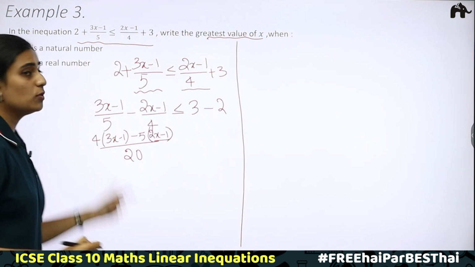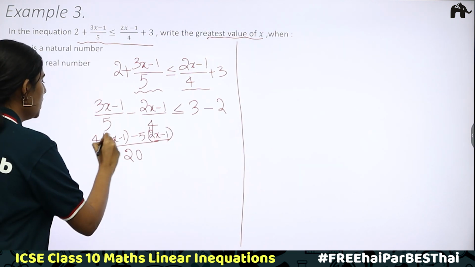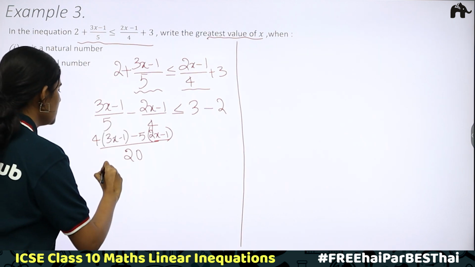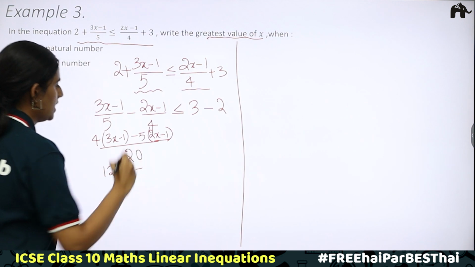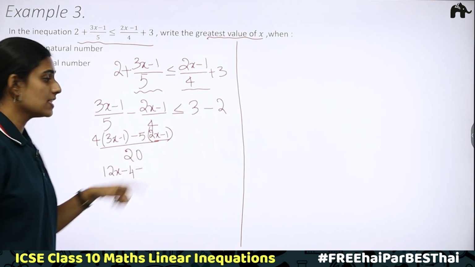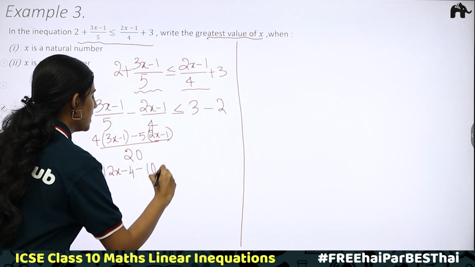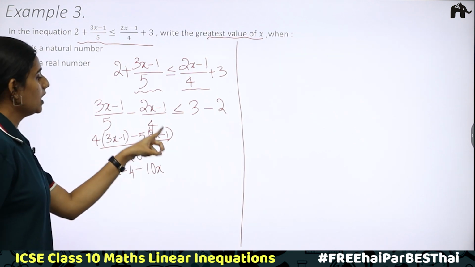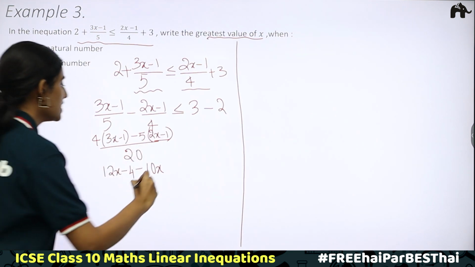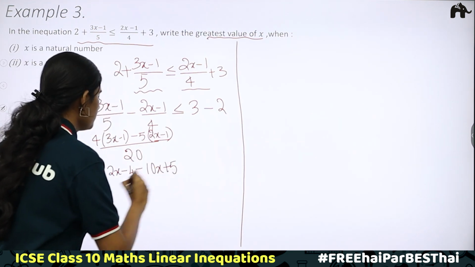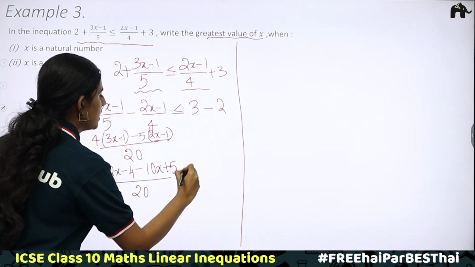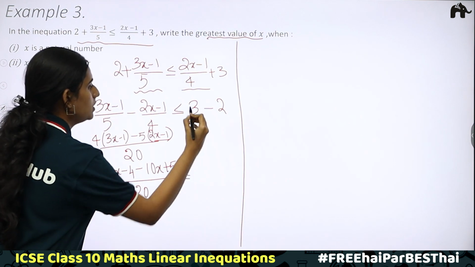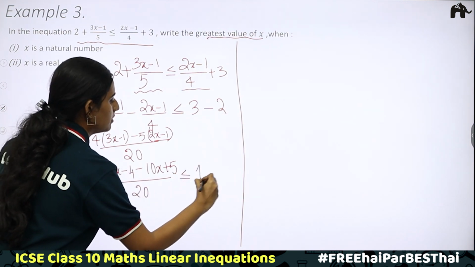Next step is removing the brackets. 4 into 3x minus 1 becomes 12x minus 4. Minus 5 into 2x is 10x. Minus 5 into minus 1 is plus 5, divided by 20, less than or equal to 3 minus 2 is 1.